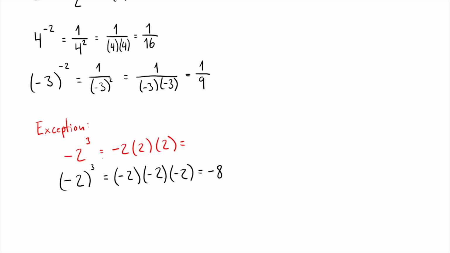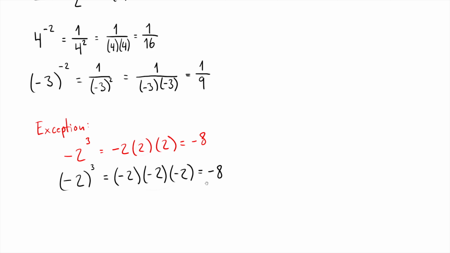That's why we want to put it in brackets, because most of the time this is what we want to express. But if you don't see brackets, technically this is what it should look like. In this case, we have negative 2 times 2, which is negative 4, and negative 4 times 2, which is negative 8. So we do get the same answer.